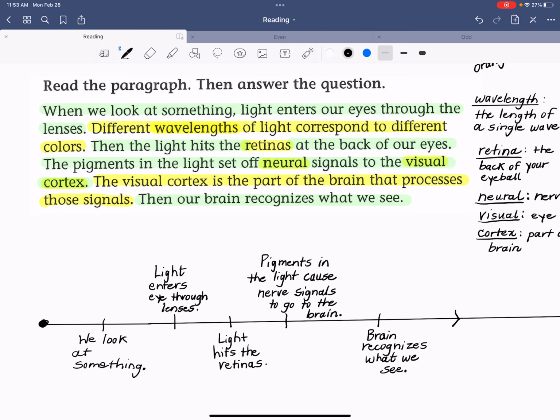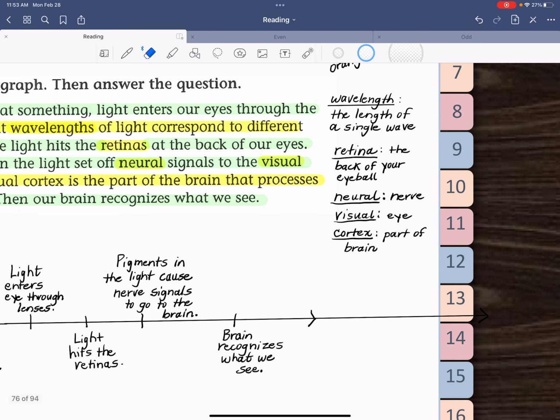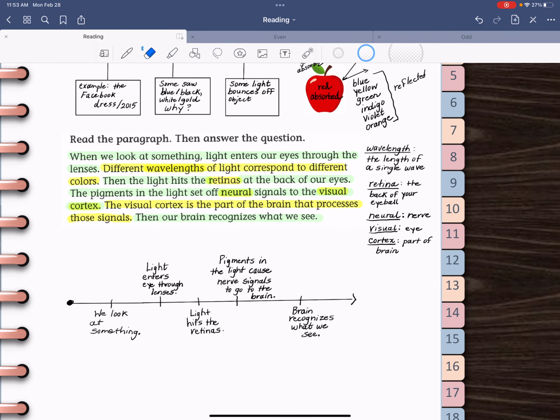So this is a very simplified version of what happens, and this will give us our topic. What is this describing to me? This line, what's it describing? How we see.